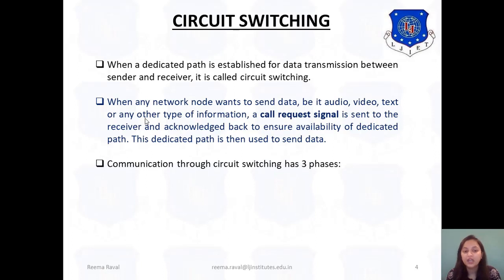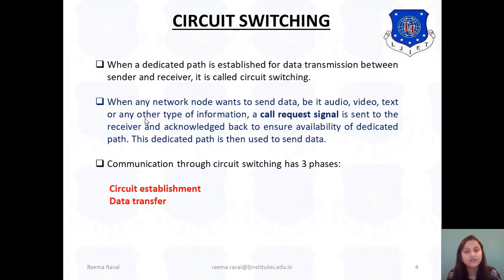Here the communication has three phases. The first one is circuit establishment stage. In this stage, whenever the data is required to be sent, the sender will look out for the available dedicated path and the physical circuit is established. After the circuit establishment stage is done, the data is transferred in the second stage, which is the data transfer stage.